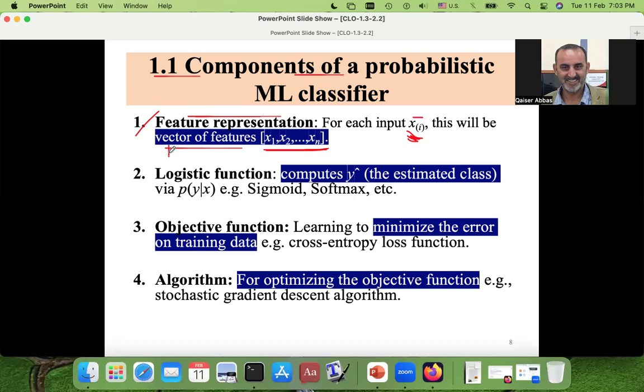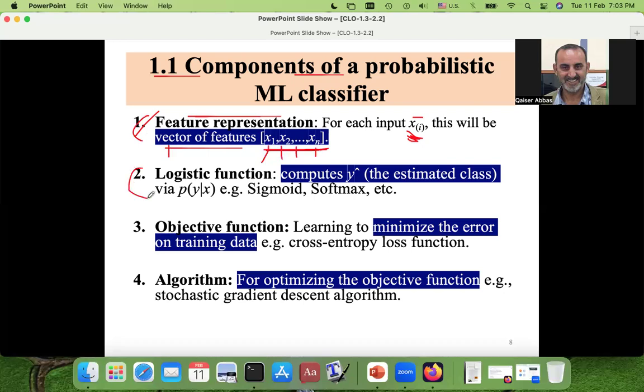What is a vector? A vector is a kind of array, I told you already. Here you can understand that this is an array which has something for the first column, second column, third column, and so on from the data set. So this is the first component.